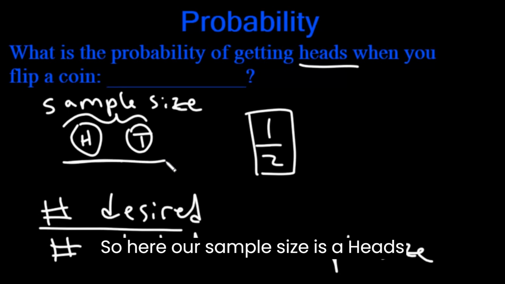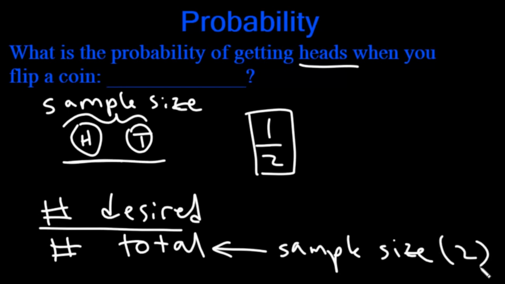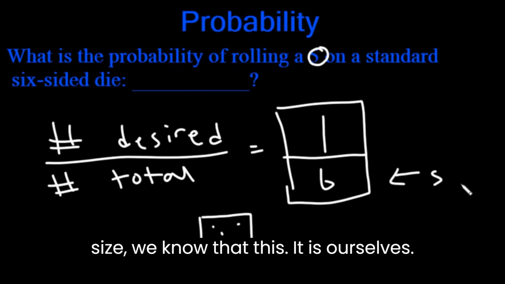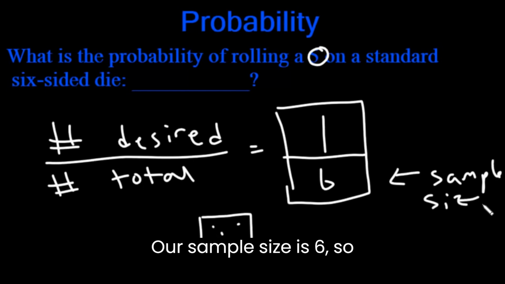Here our sample size is heads and tails, so that's a sample size of 2. If we go back to the dice example, since the denominator is the sample size, our sample size is 6.